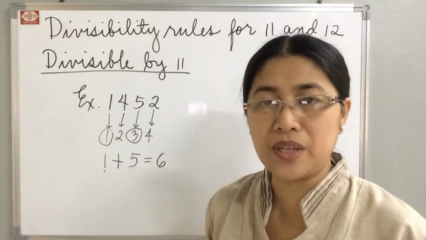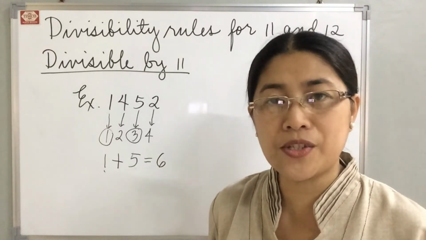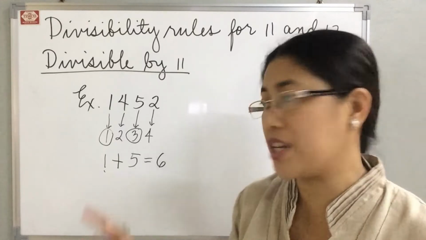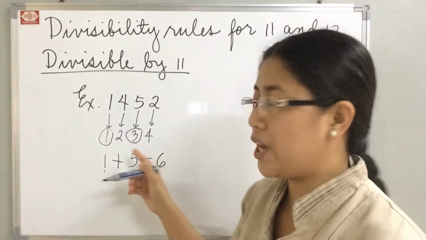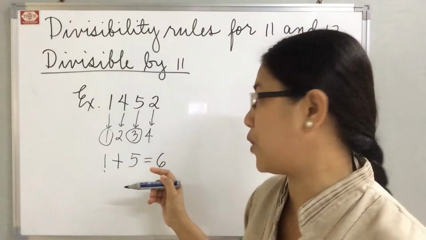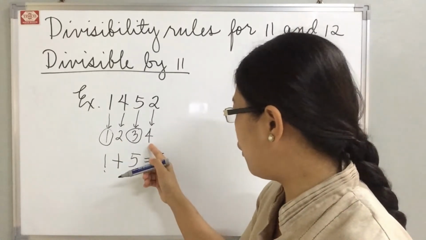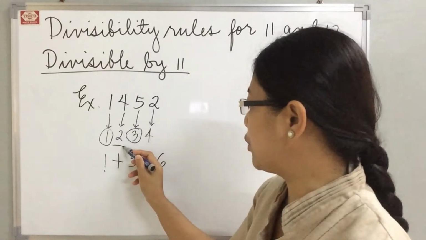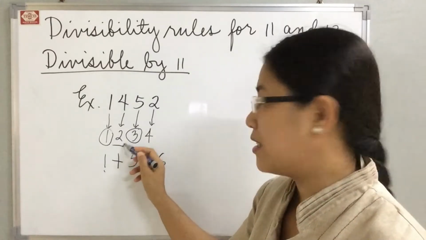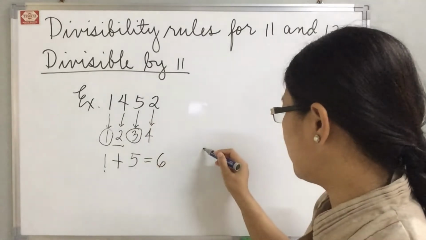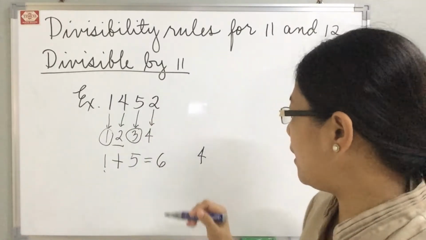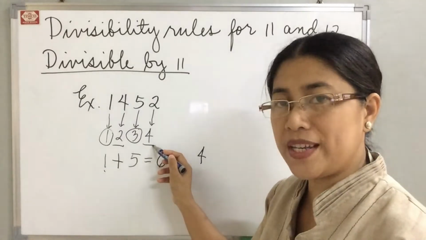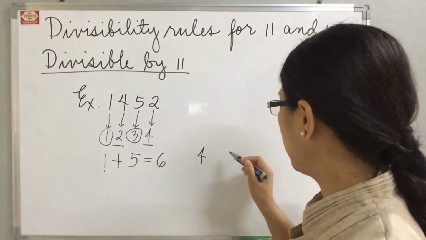The next step is, let's also get the sum of the digits on top of the even numbers. We have here two even numbers also, 2 and 4. First, let's get the digit on top of number 2. It's 4. Let's write it here. And the digit on top of number 4 is 2.